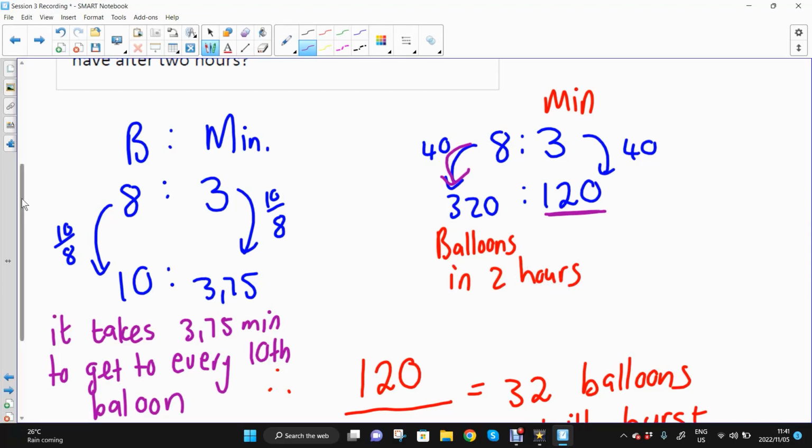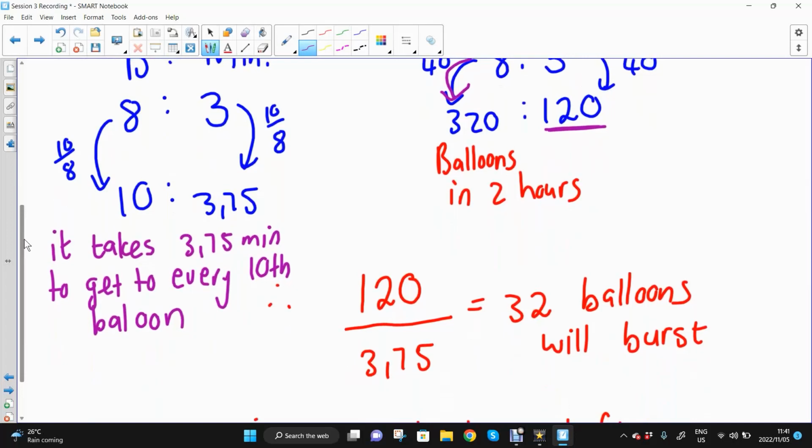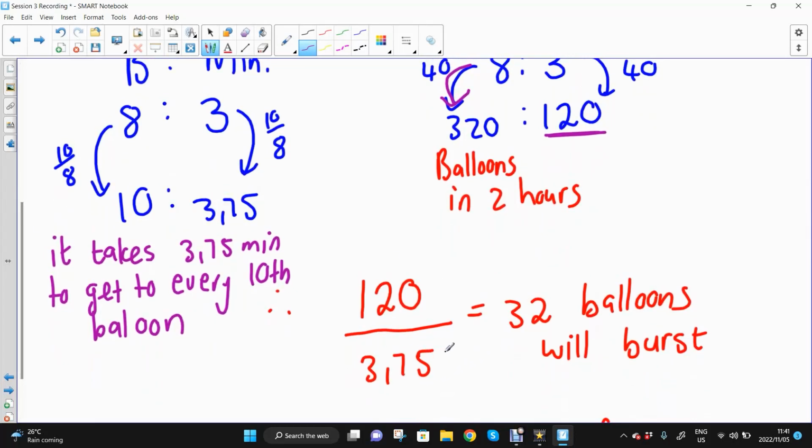So how many balloons burst? So I need to figure out how many 3,75 minutes will there be in 2 hours, because every 3,75 minutes a balloon will burst. So if you divide these two, you get 32 balloons.